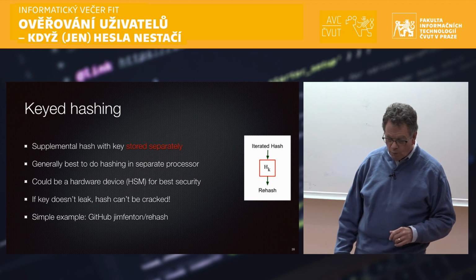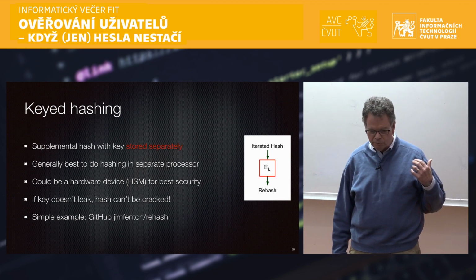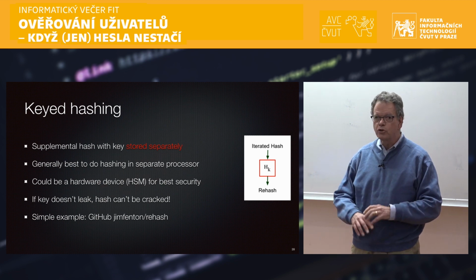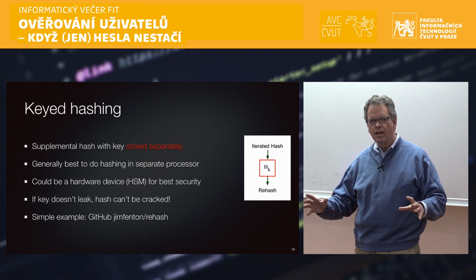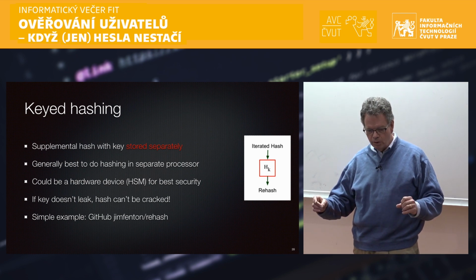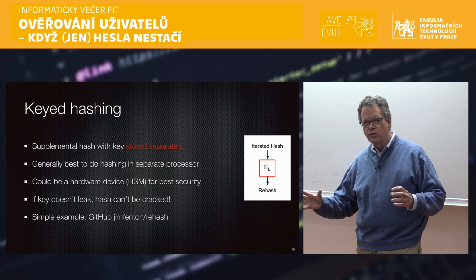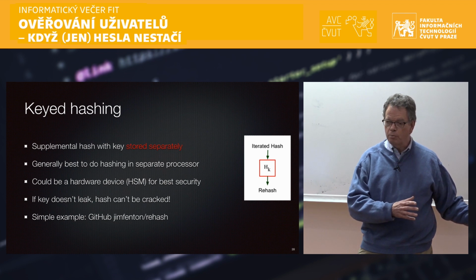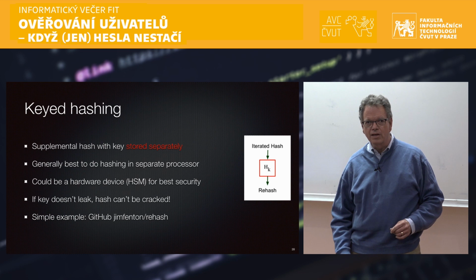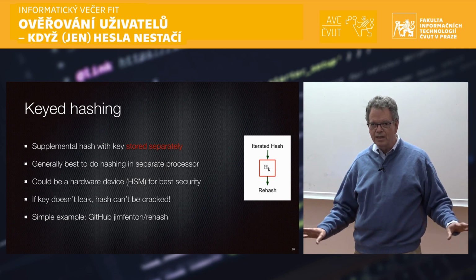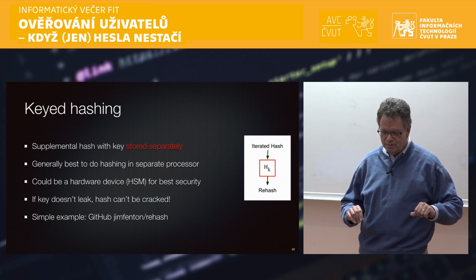And then one thing that I keep trying to push is what's referred to as keyed hashing. You can do all of the stuff that we've done before and then do one more thing besides. You take the result and ship it off to probably another processor entirely, maybe even just a small processor on the same network that's not doing anything else, so it's not exposed to the outside world and it's harder to break into.